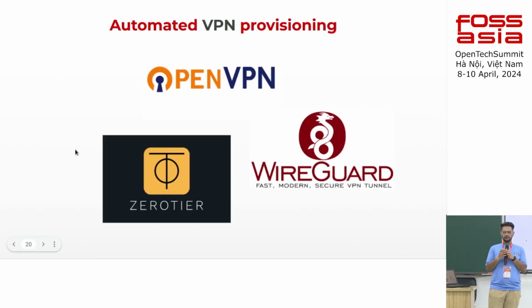Yeah, so I touched on the concept earlier that we also allow provisioning VPNs. We currently support three VPNs: OpenVPN, ZeroTier, and WireGuard. With WireGuard and ZeroTier, OpenWISP will also manage the server side of the deployment.